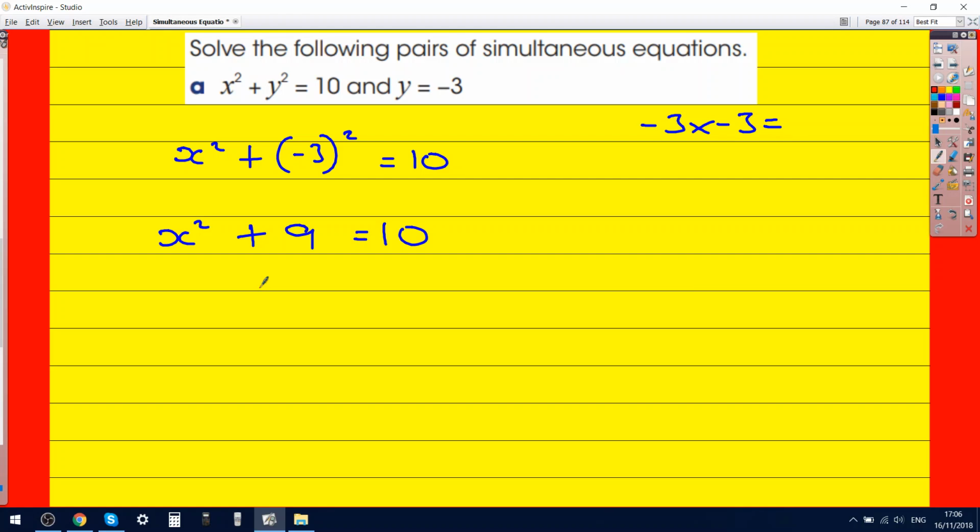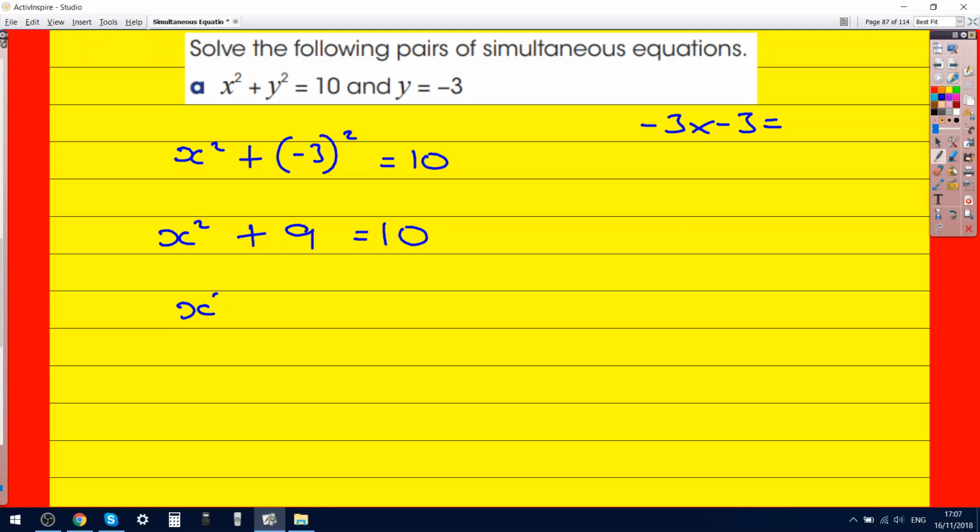Let me just write that. You can do it all in your paper if you prefer, and then just tell me at the end. Yeah, I'll do that now. x equals 1. And they gave us y equals -3.